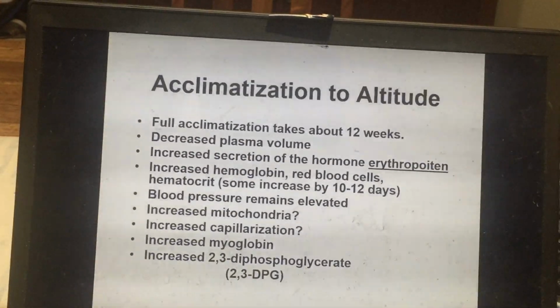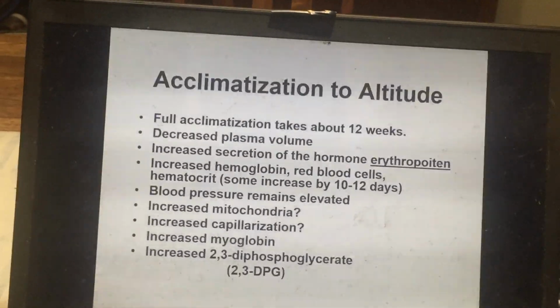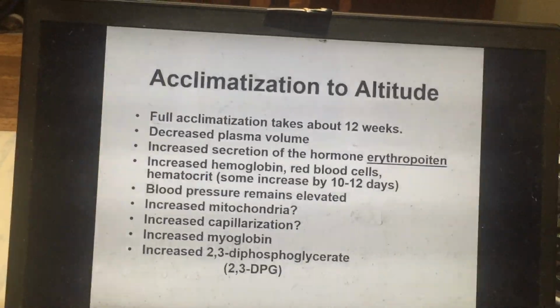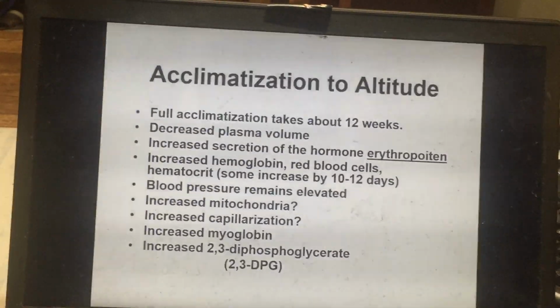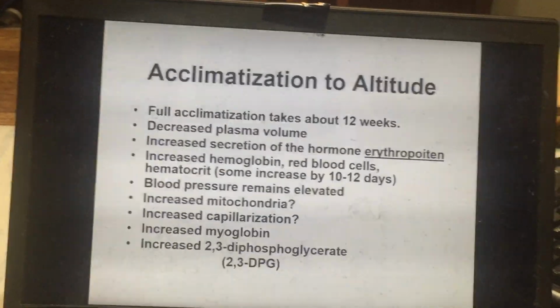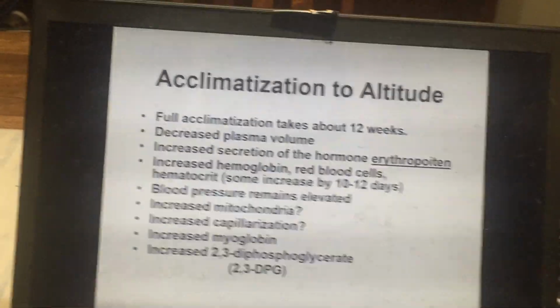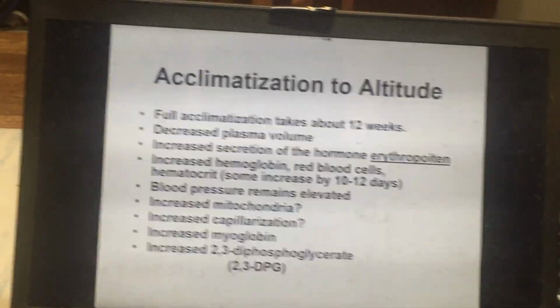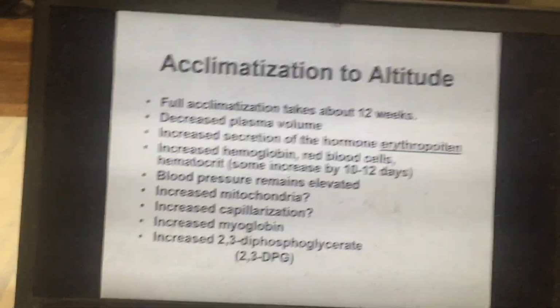This increase in 2,3-diphosphoglycerate has an effect to cause a greater release of oxygen from hemoglobin as it flows past your muscle during exercise. But I'll cover that in the next presentation, which will be posted on YouTube, because I'm approaching the time limit for YouTube videos here.